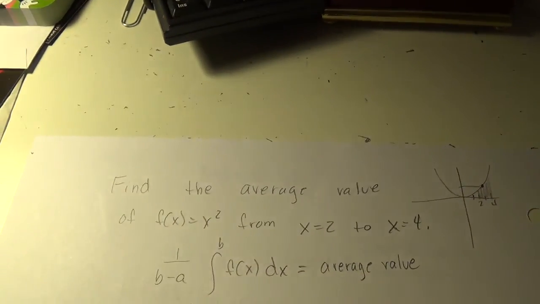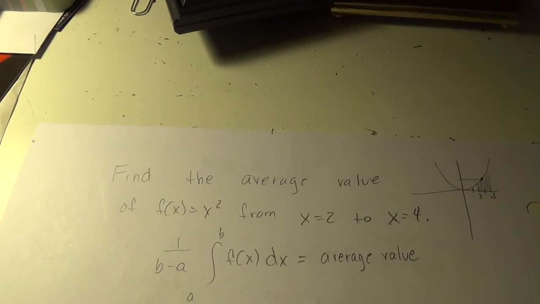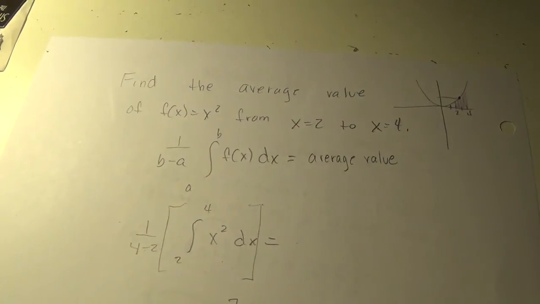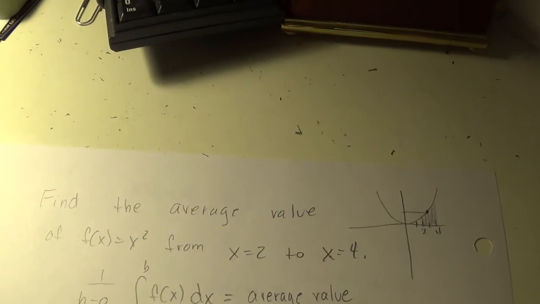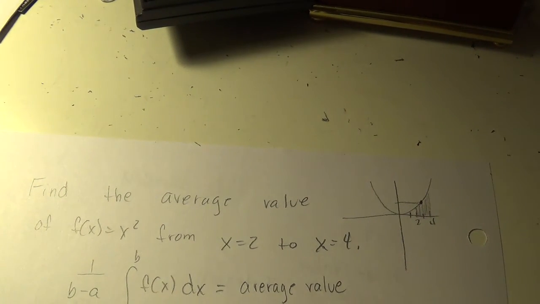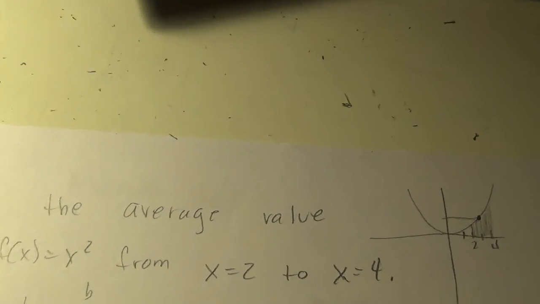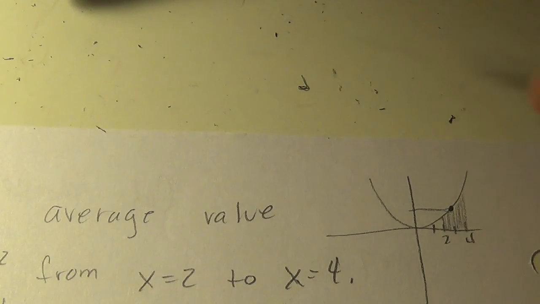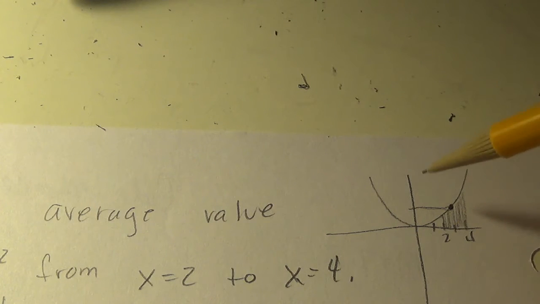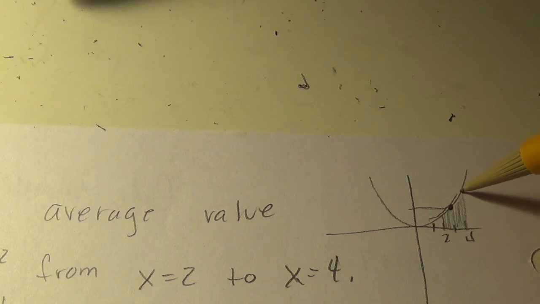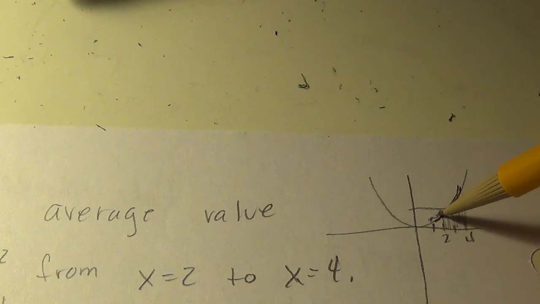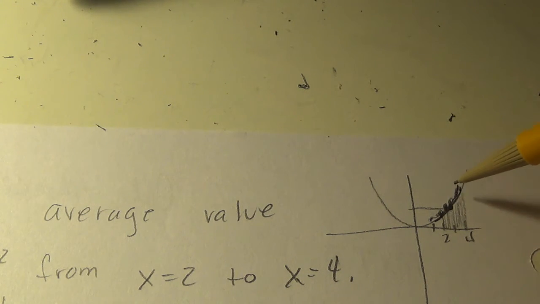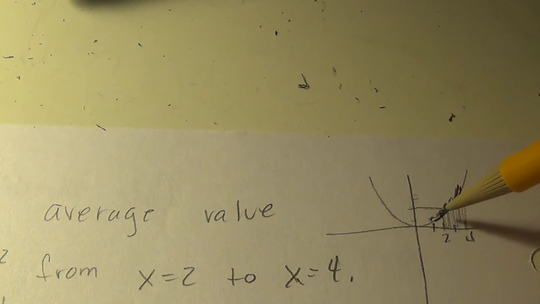The average value of this function on that interval is 28/3. We will be practicing that. 28/3 is the average value from here to here. We have all kinds of values between 2 and 4. They're all read over here, but 28/3 is the average.